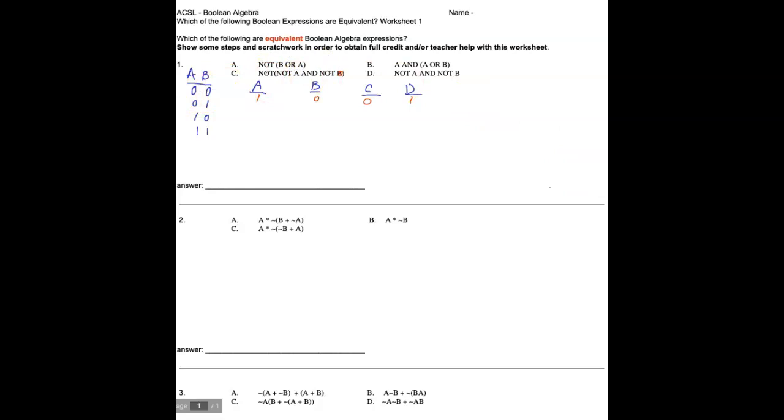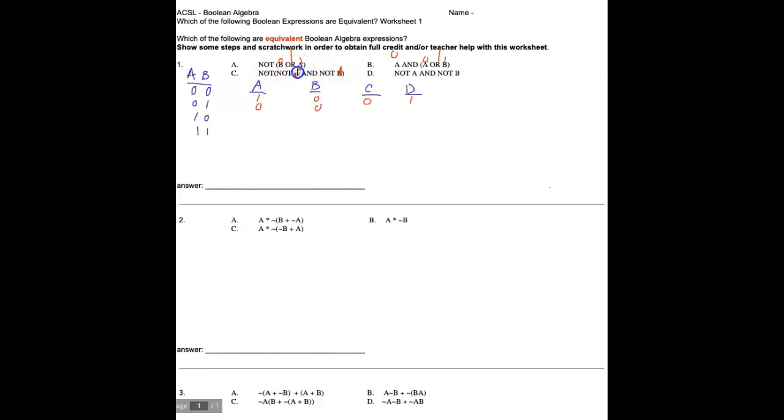Okay, so I'm going to go much more quickly here, assuming that you can already evaluate these expressions. Plugging in 0, 1 for A, 0 or 1, that's 1, not a 1 is 0. Plugging in 0, 1 here. That's a 1, that's a 0, 0 times anything is 0. Plugging in a 0, 1 here.